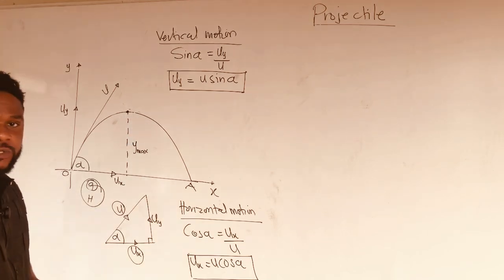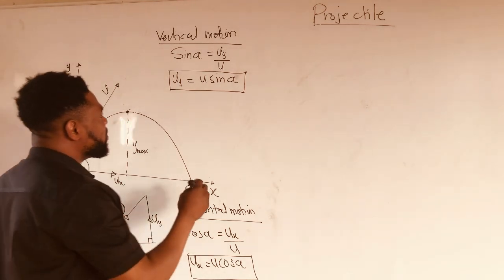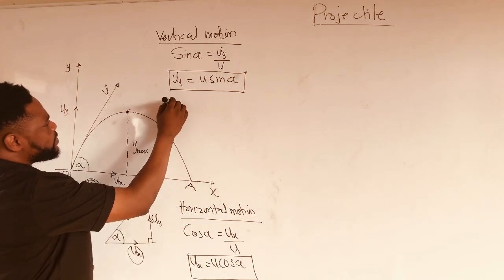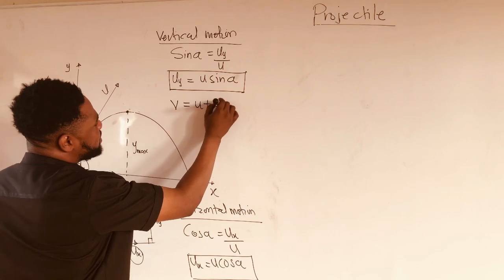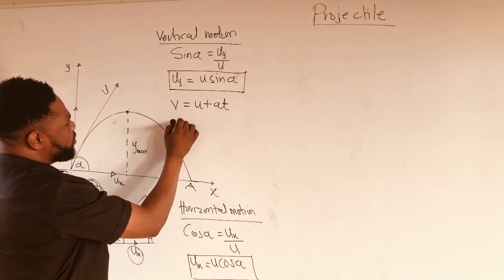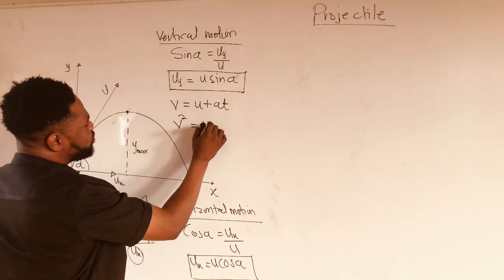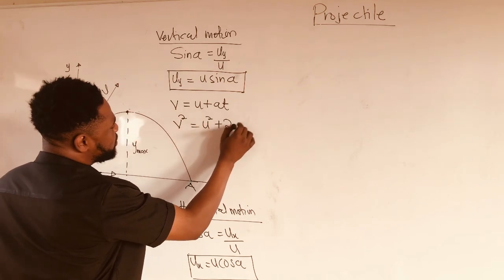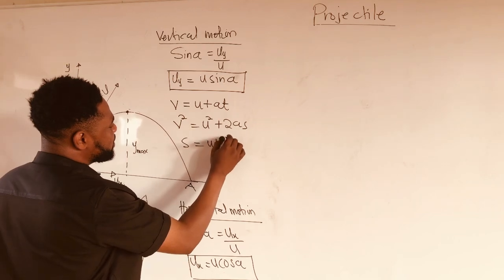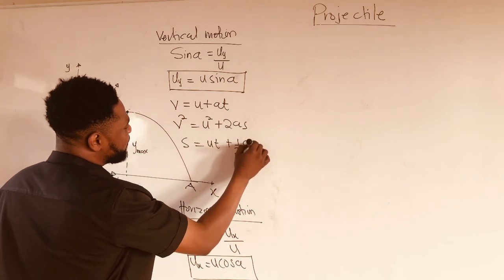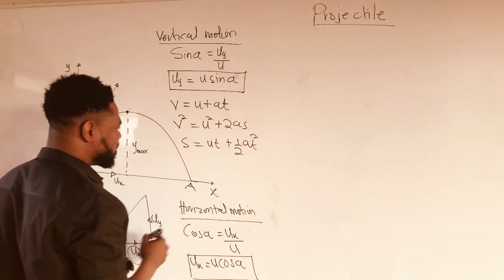All right, let us look at these formulas from linear motion, where we have v equal to u plus at, then we have v squared equal to u squared plus 2ax. We have x equal to ut plus half at squared.